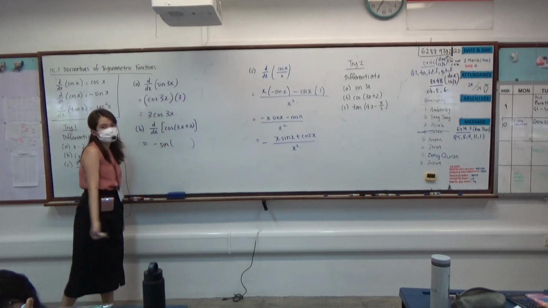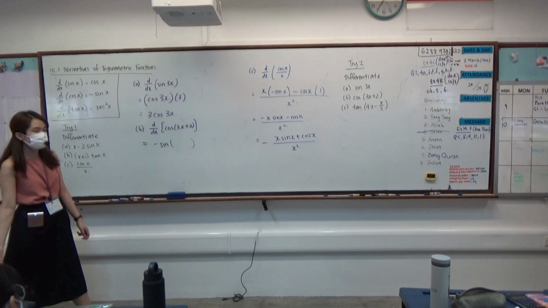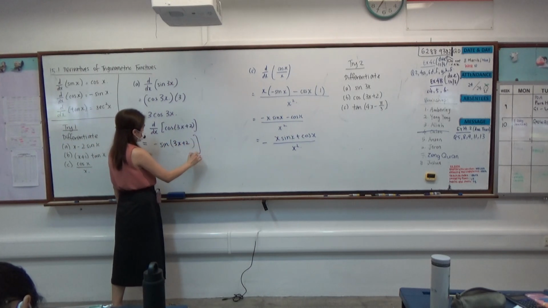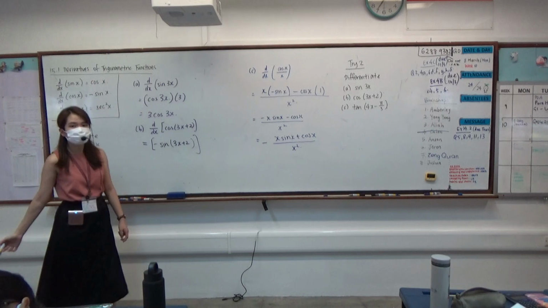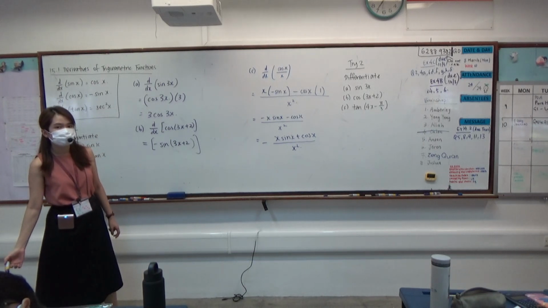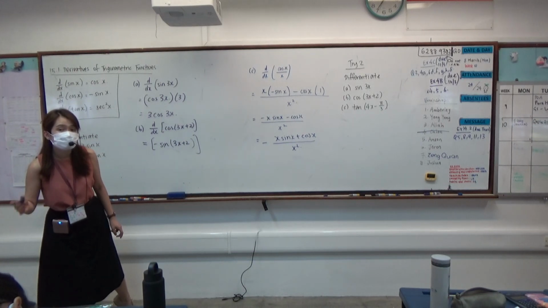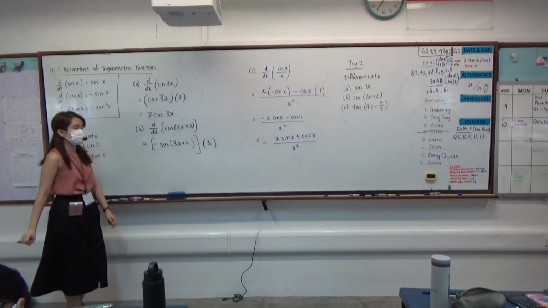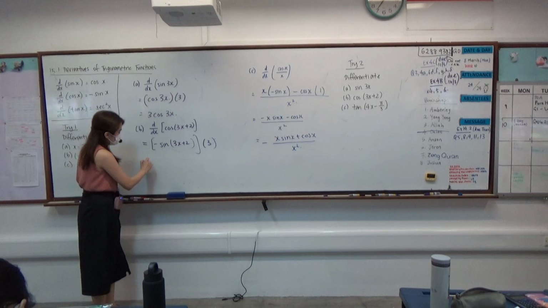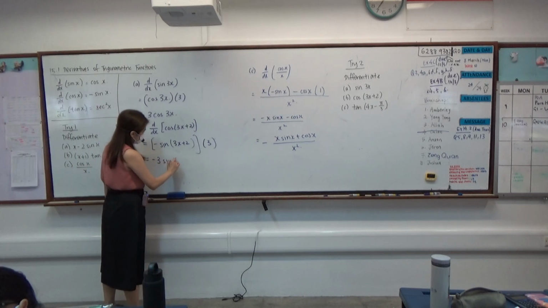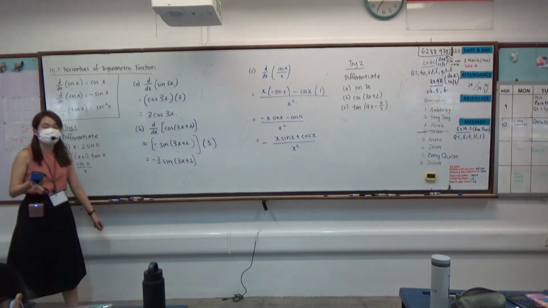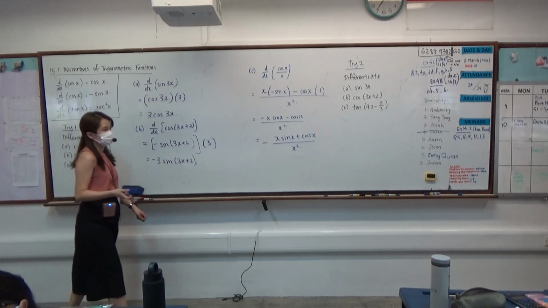And the things inside, that means the angle, that will be 3x plus 2, times 3. We differentiate our 3x plus 2, we get a 3. So to simplify this, we get negative 3 sine 3x plus 2.